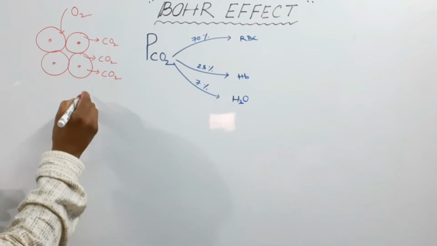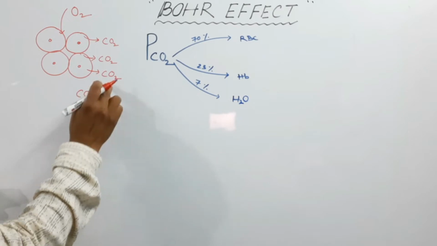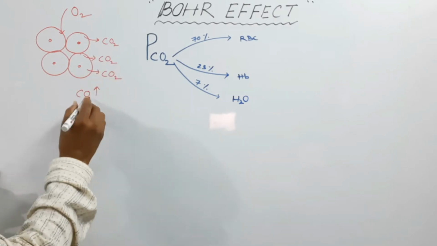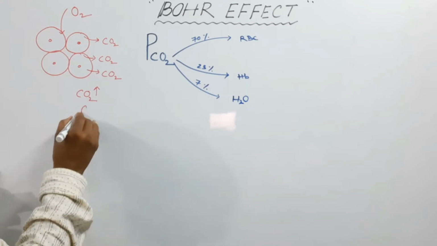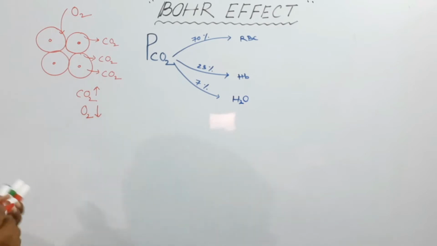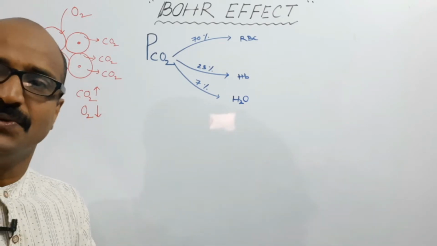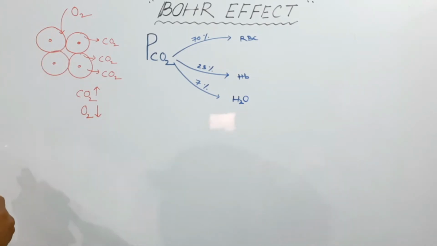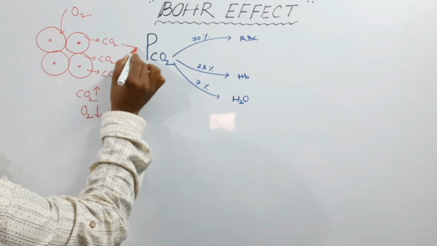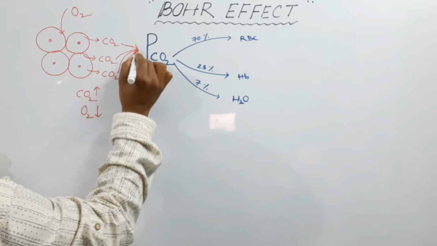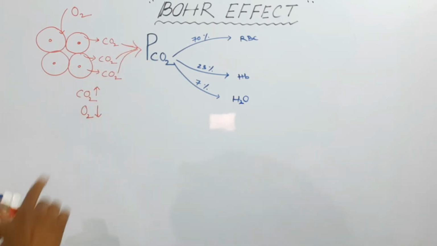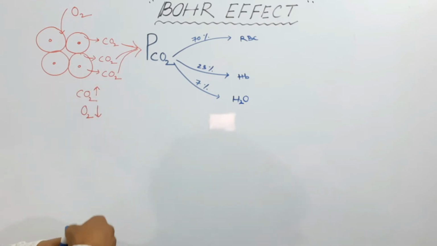So at the tissue level, the concentration of carbon dioxide is higher, meaning the partial pressure of carbon dioxide is higher and the partial pressure of oxygen is low, because of the production of more and more carbon dioxide from the tissue.